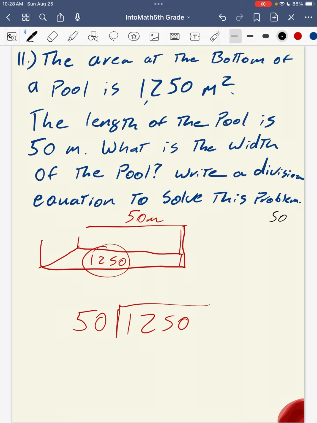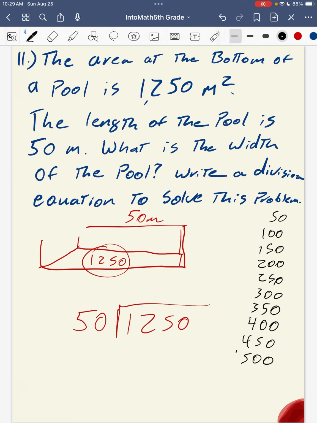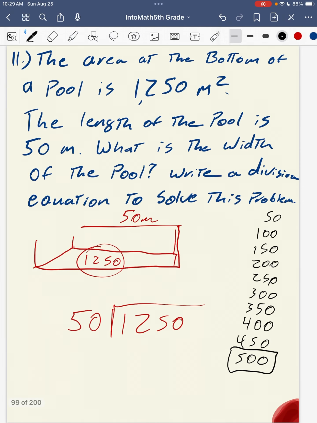I can write out my multiples of 50: 50, 100, 150, 200, 250, 300. Just practicing my skip counting, counting on up, and writing out all the multiples that I know. I see that I have a 500. If I were to do my area model, I know that 500 is 50 times 10.